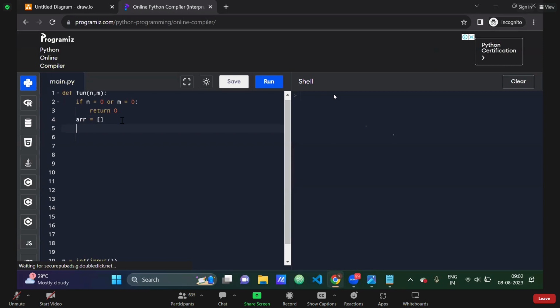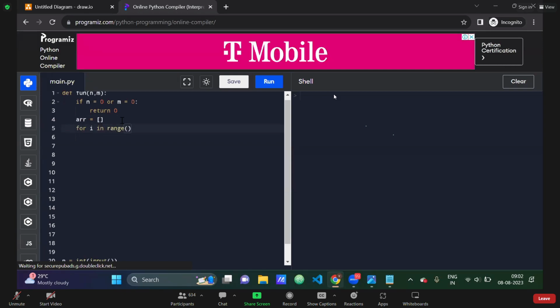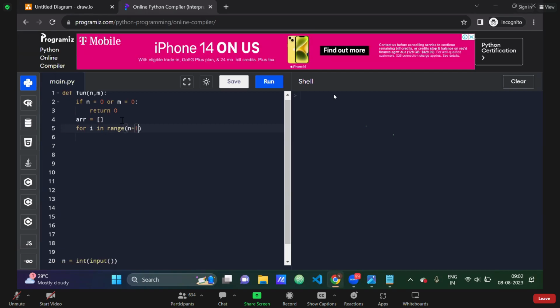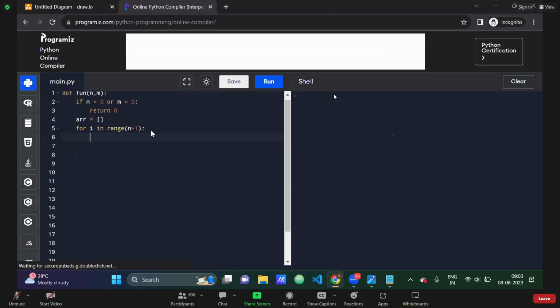Now for I in range of n plus 1, so it will start from 0, 1, 2, 3, 4, 5. Yes, 5 possibilities, you can go up to n plus 1.